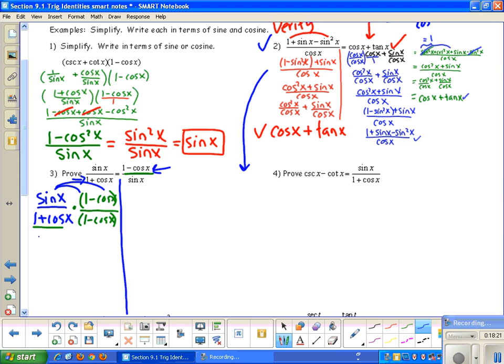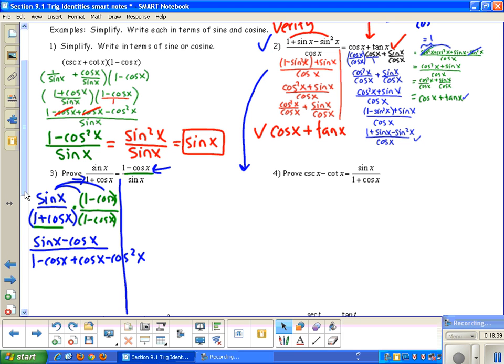So this would become sine x minus cosine x over, and then I'm going to FOIL my denominator. So 1, and then I have minus cosine x plus cosine x minus cosine squared x. Notice I write every step out when I do this.